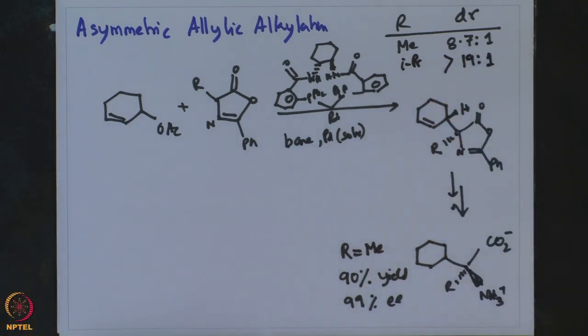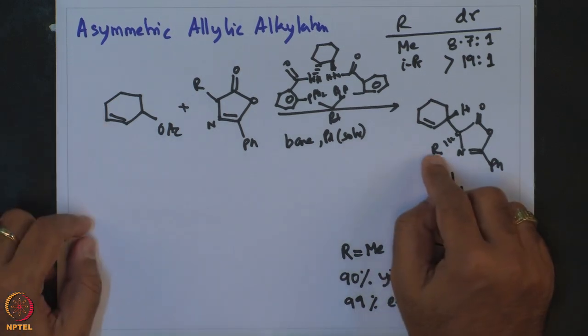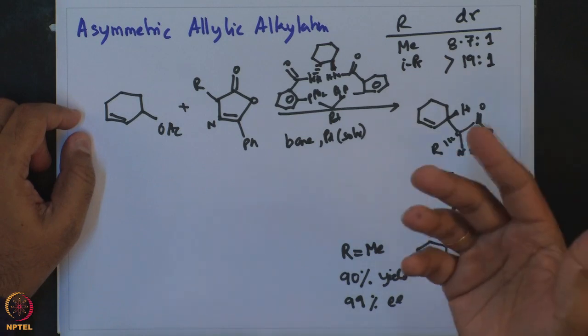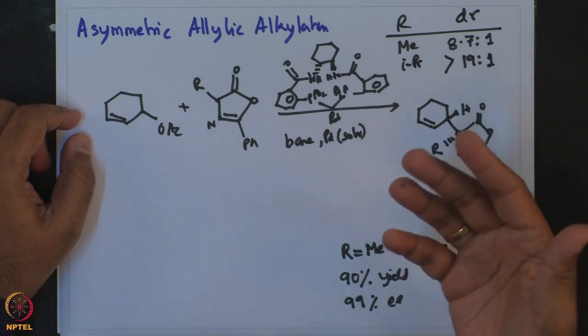So, this is a demonstration of how the influence of R can tilt the formation of the product to favor one diastereomer over the other, and how allylic alkylation has been exploited by using this chiral catalyst. So, with this I would like to come to the conclusion of today's lecture.